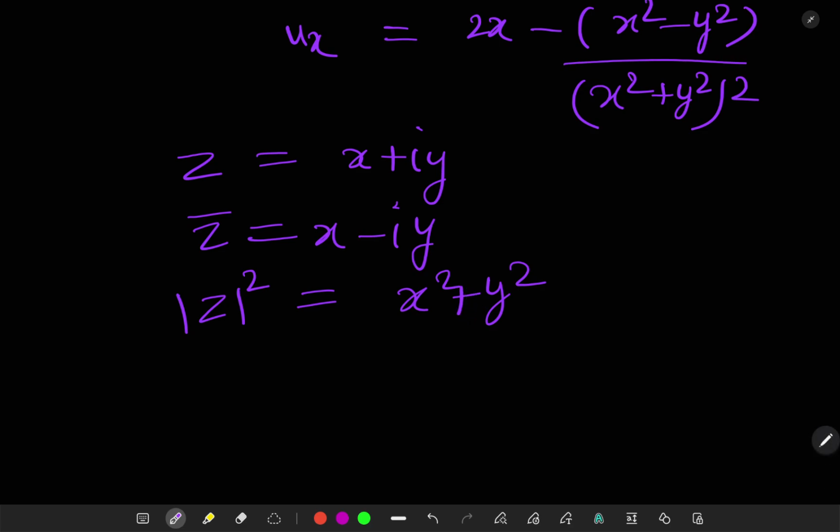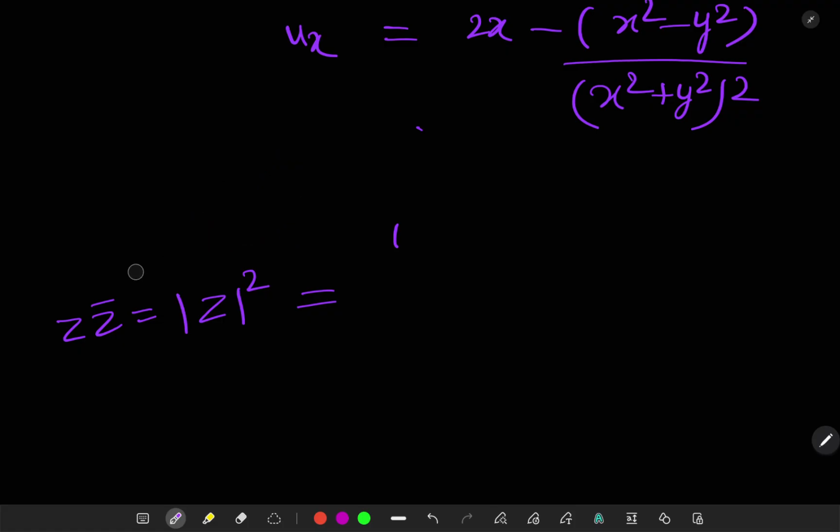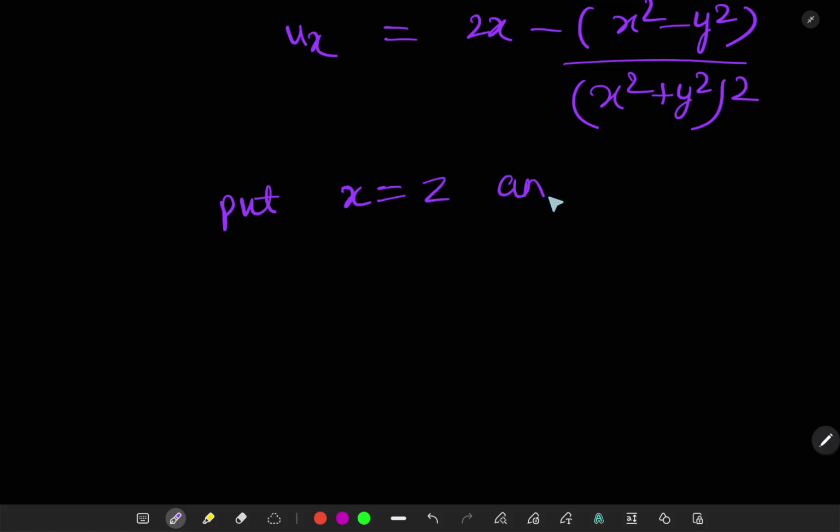So this equals to this, equals to 2x. Sorry, this is not done by this method. Putting here x equals to z and y equals to 0, as we do in Milne method.